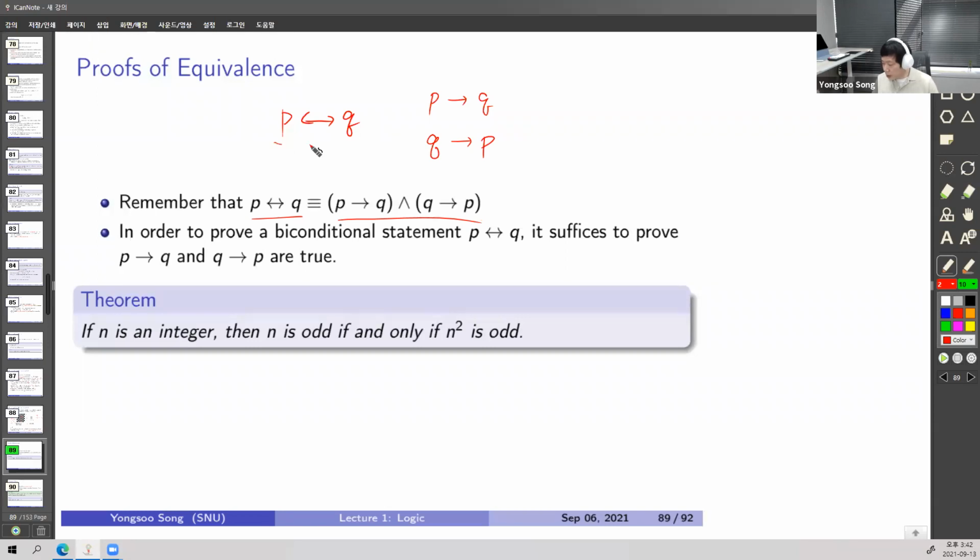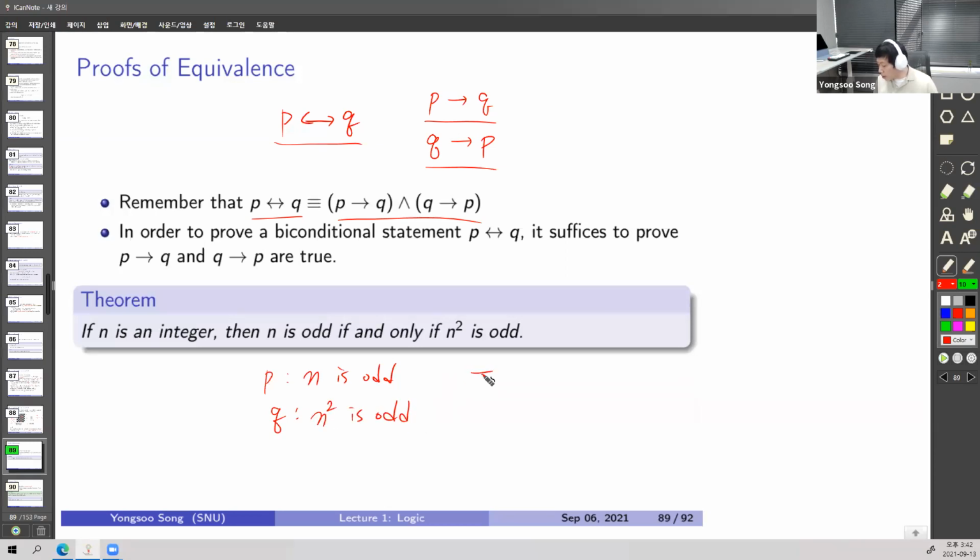So showing this proposition is equivalent to showing this proposition and this proposition. For example, here there's a theorem saying if n is an integer, then n is odd if and only if n squared is odd. So here P is the proposition n is odd, and Q is the proposition n squared is odd.